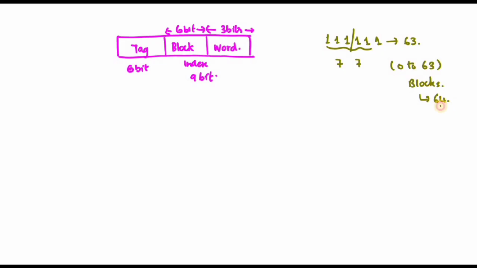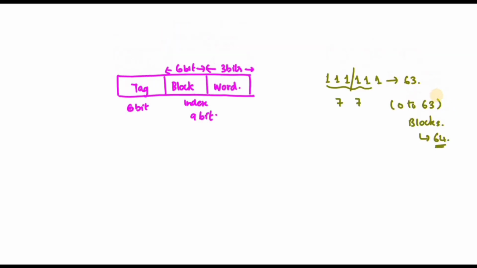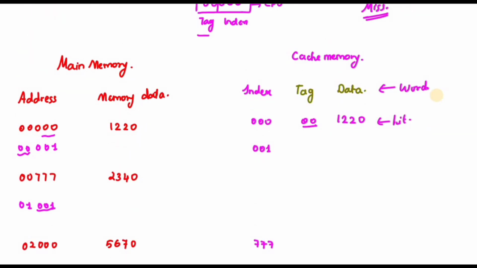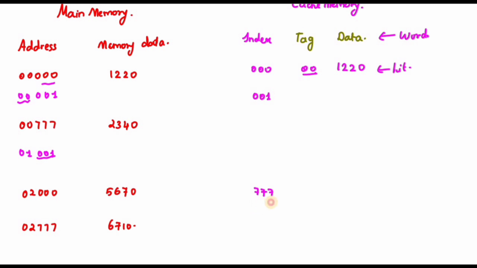So the total block is 64. So how to divide this 777 into 64 blocks? Totally I have, you can see this number is 512, right?